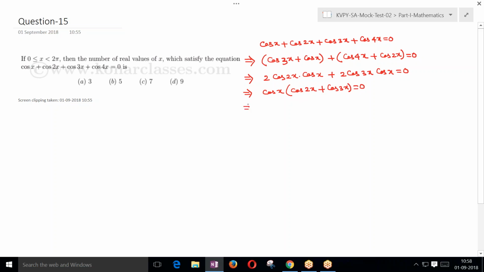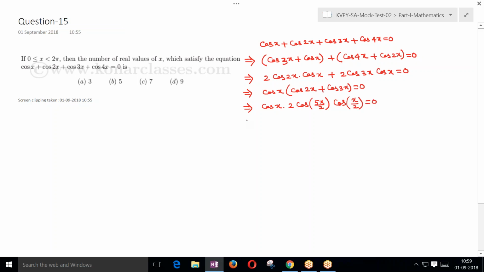Again we need to apply the concept of cos C plus cos D. So we get cos x into 2 cos (C plus D) by 2, that means (2x plus 3x) by 2, that is 5x by 2, into cos (C minus D) by 2, that is (2x minus 3x) by 2, that is minus x by 2, and we know that cos of minus theta is equal to cos theta, so we can write cos of x by 2.